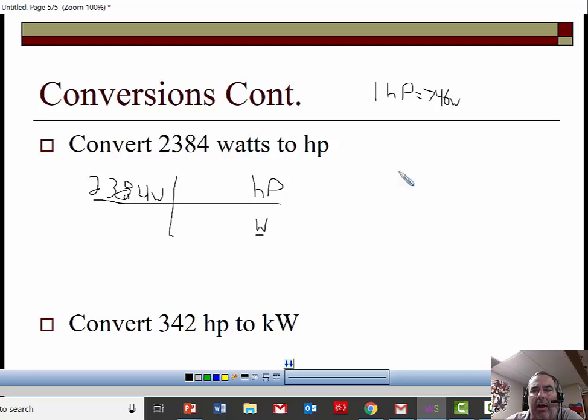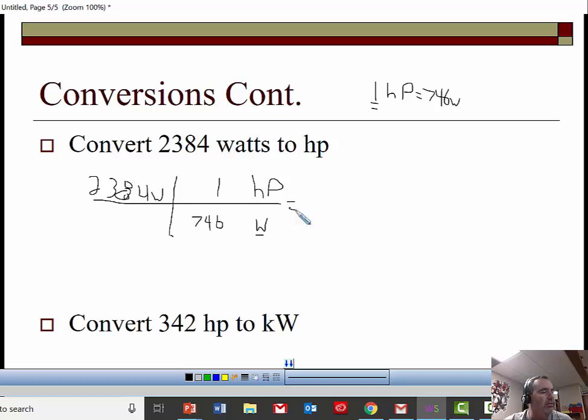So I fill it in. Find the W, watts. There it is, 746, so I'm going to put that 746 right here. Horsepower, there's the number, just a 1. So the horsepower will always have the 1 with it.